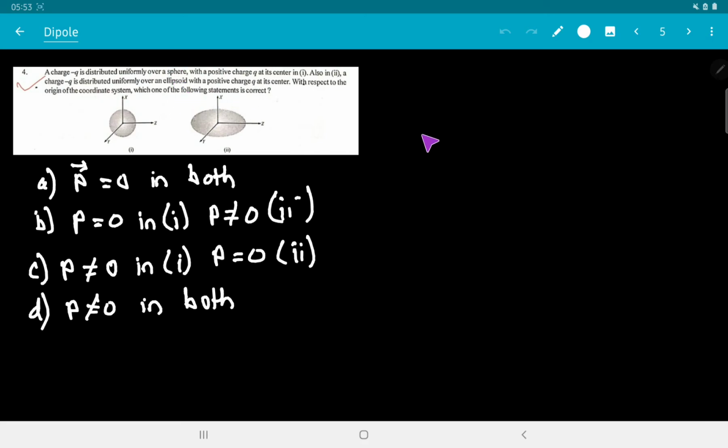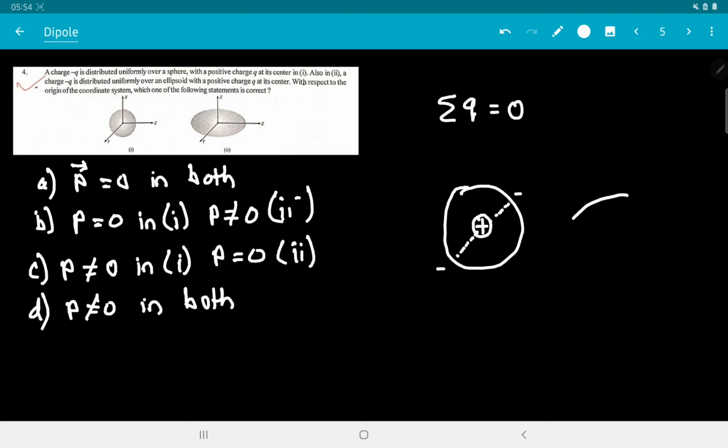Now, from the question itself, we can write that in both the cases the net charge is 0. So the choice of the origin is not going to matter. Also, if we consider the sphere, with the positive charge at the center, and if you go in the opposite direction, what you are going to get is a negative charge and a positive charge at the center.